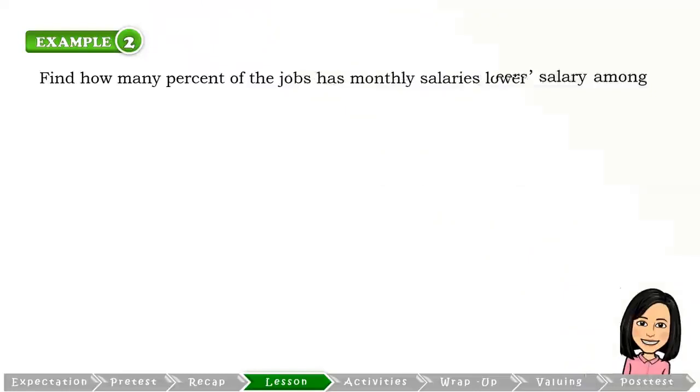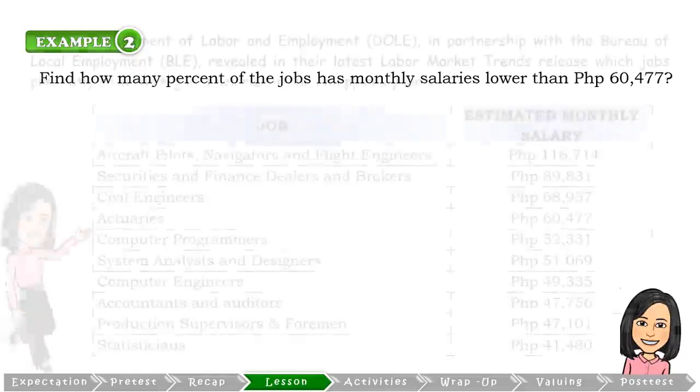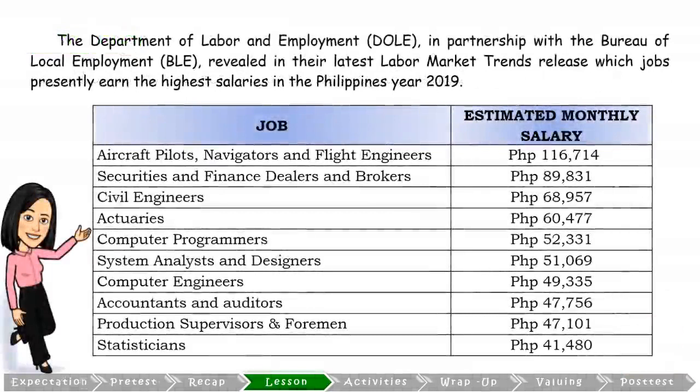Let us have another example. Using the same table, find how many percent of the jobs have monthly salaries lower than 60,477 pesos. If you look at the table, you will notice that 6 jobs are below the job with monthly salary of 60,477 pesos.